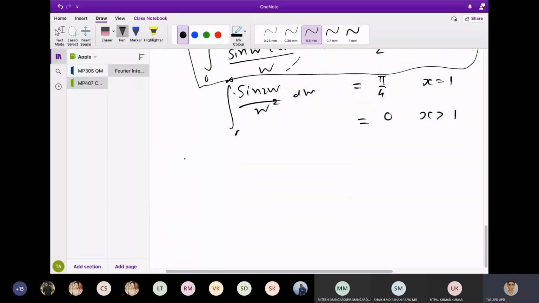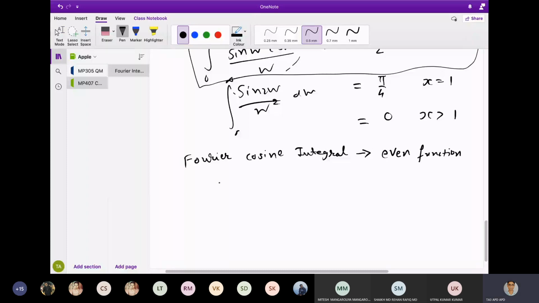So I will take this topic of Fourier cosine integral and Fourier sine integral. Fourier cosine integral is associated with the even functions. It is concerned with the even functions.